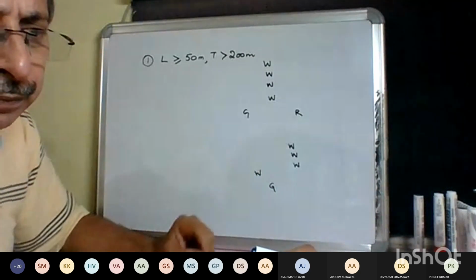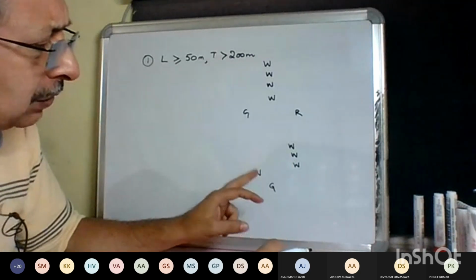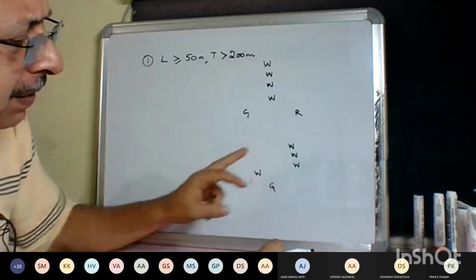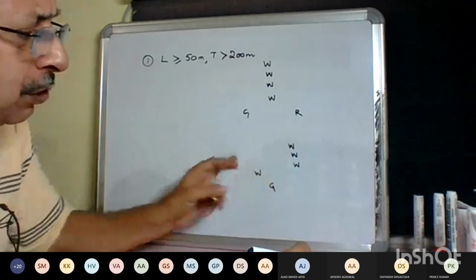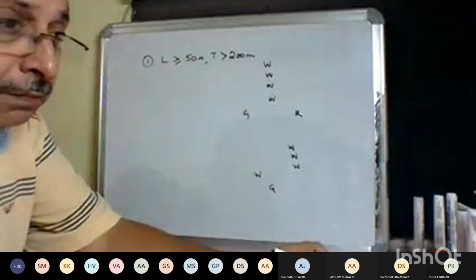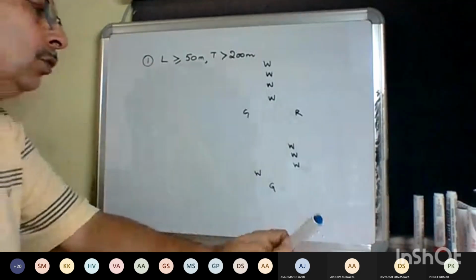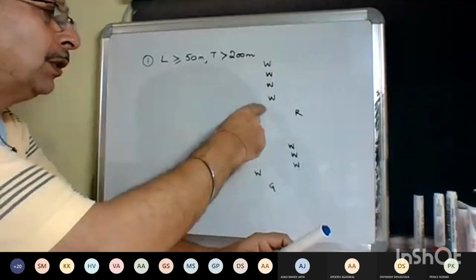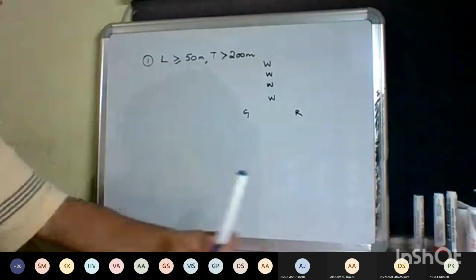Both are possible. 3 on the foremast, 1 on the aftmast, or 1 on the foremast, 3 on the aftmast. Cannot have 2 and 2. So this will be the side view. This is the right head view. Okay.